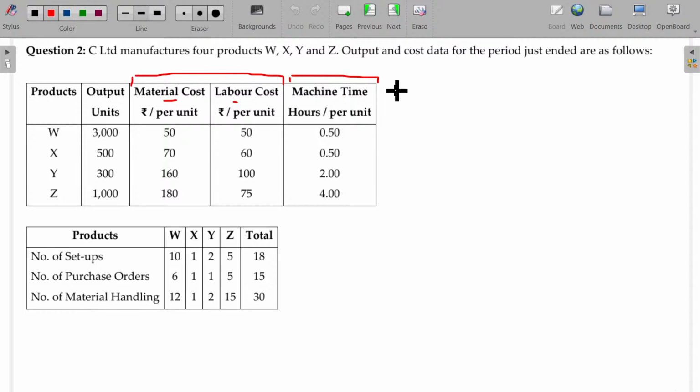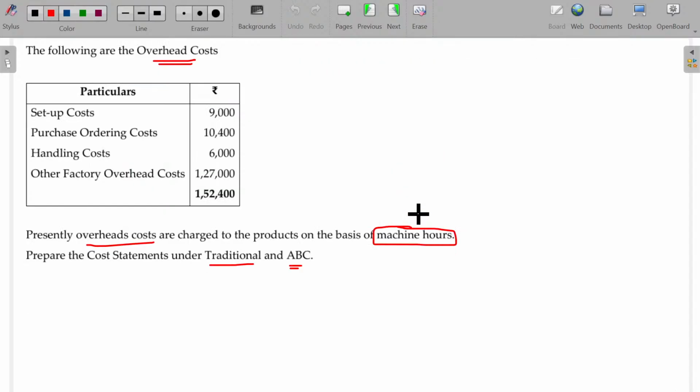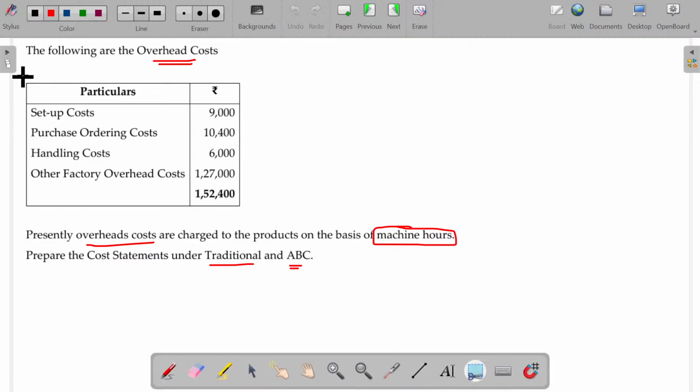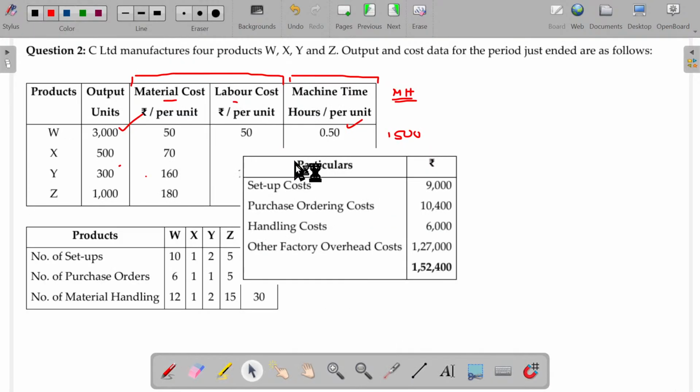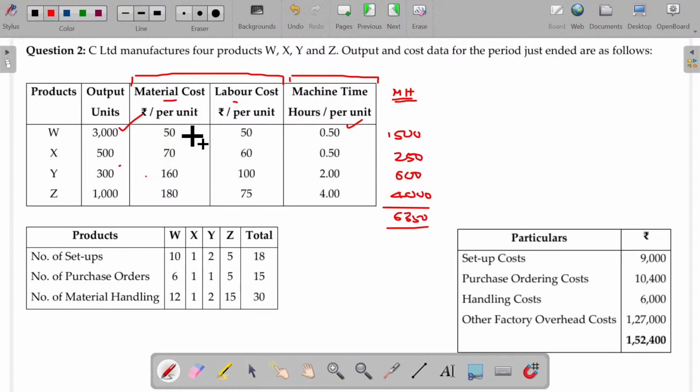Now, what is the total machine hour required? 3000 units per unit, 0.5 means 1500 hours. 500 into 0.5, 250. 300 into 2, 600. 1000 into 4, 4000. What is the total number of machine hours? 6350 hours. What is the total overheads? This will be the total overheads, 1,52,400.